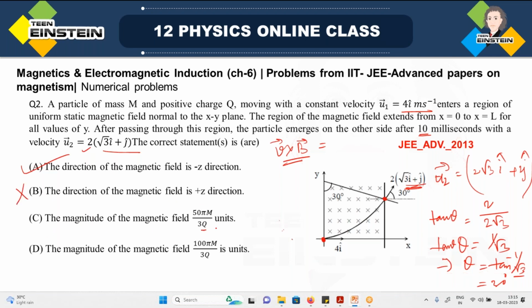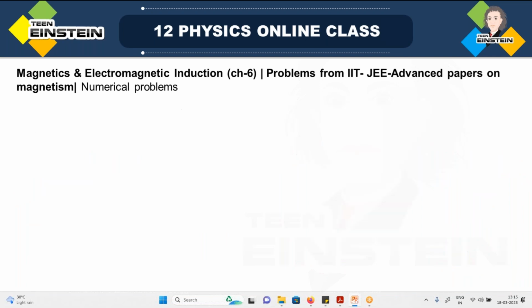Now we have to find out the magnitude of the magnetic field. How to find that? I'll just refer to this figure. The angle theta here is actually pi by 6, and we know angle theta is equal to arc by radius.